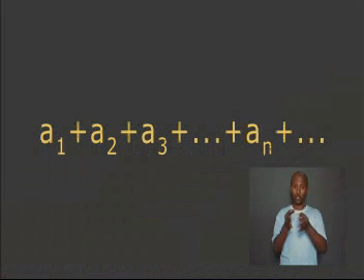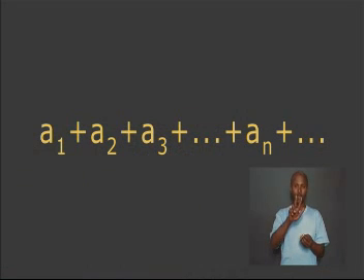If you try to add the terms of an infinite sequence, you get an expression of the form A1 plus A2 plus A3 and so on through AN. This kind of sum is called an infinite series.